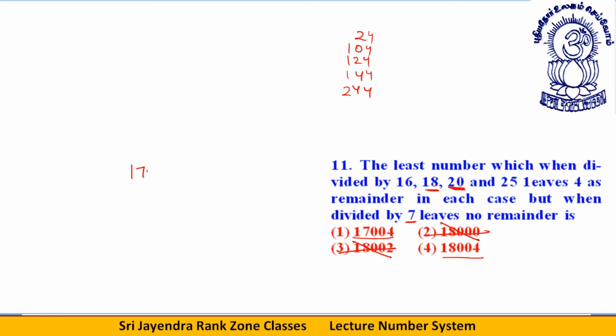See, I can very easily say 17,000 plus 4. Neither is this divisible by 18. This number is not divisible by 18, so it cannot leave a remainder 4. But 18,000 is divisible by 18 and this number leaves a remainder 4. So this has to be your answer without solving the question, my dear students, and I'm sure this must be clear to all of you.